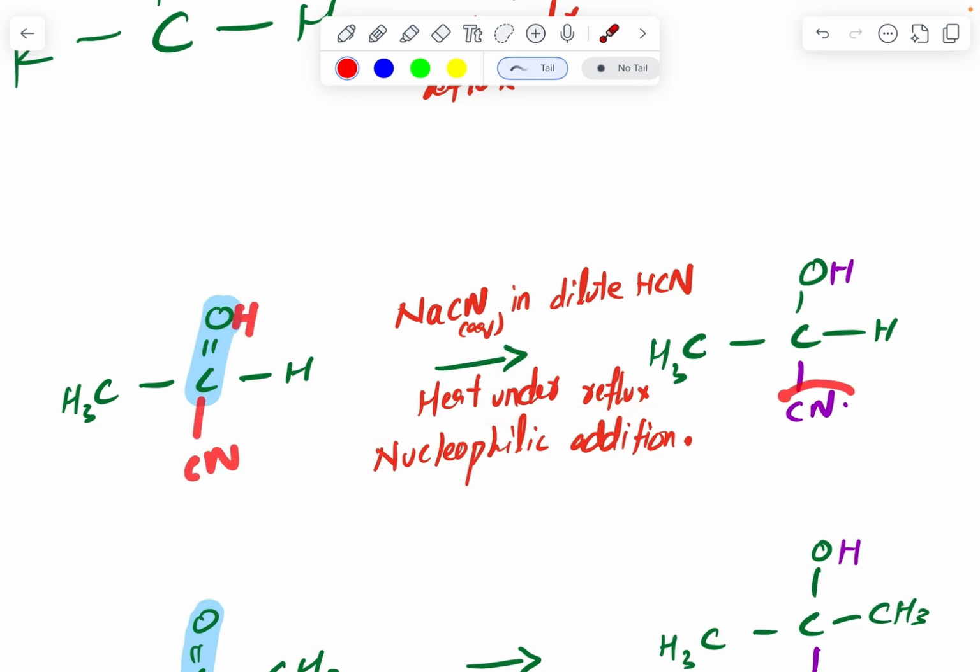This is the nitrile and this is the alcohol. This becomes alcohol and this becomes nitrile. What's the reagent for this reaction? The reagent is sodium cyanide in dilute HCN. Clear? And what would be the condition? Heat under reflux. And what's the mechanism? The mechanism is nucleophilic addition.